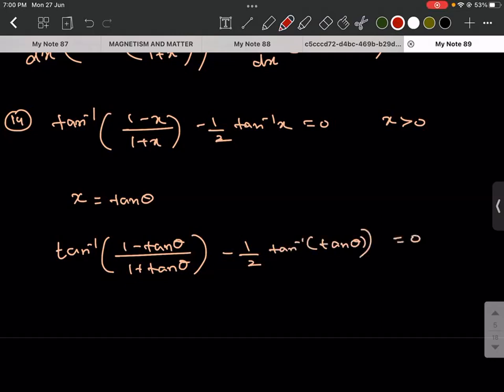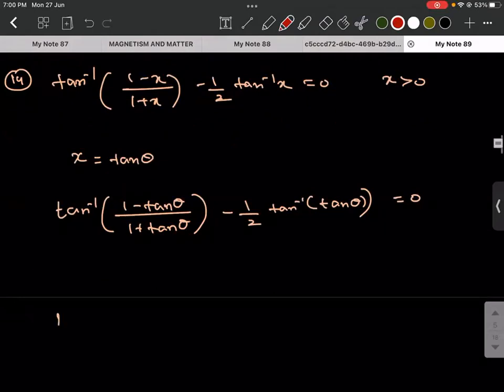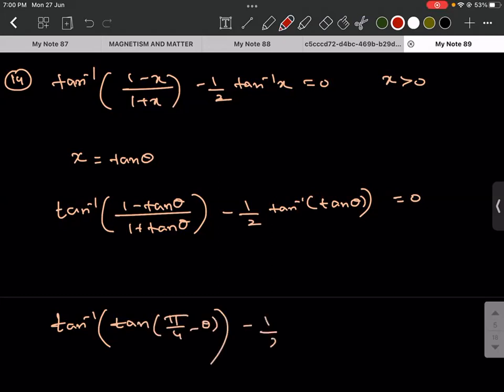Are you guys able to understand what I'm trying to do? 1 can be written as tan pi by 4. So it is actually tan inverse of tan of pi by 4 minus theta, minus half of theta is equal to 0.